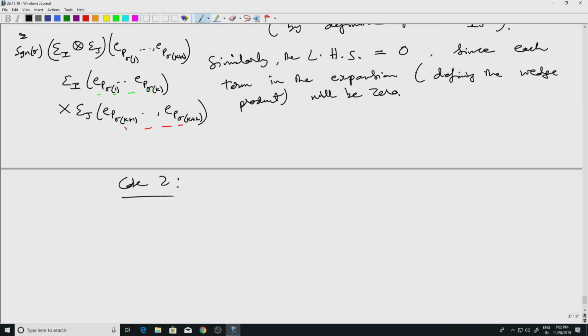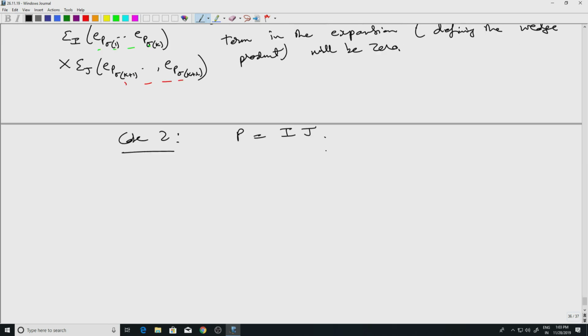Case 2 is that, well, that still leaves us quite a few possibilities, namely they can actually involve permutations of the entries of I and J. But let's assume a simple case, namely P is actually equal to IJ. Right. So P equals IJ.